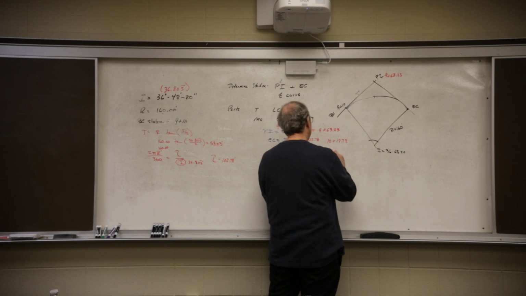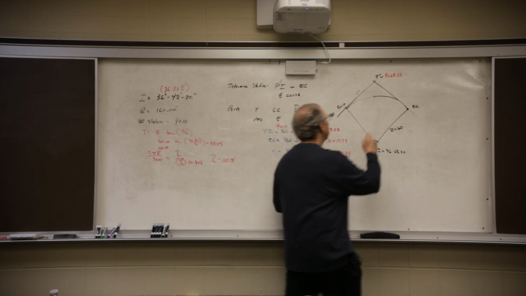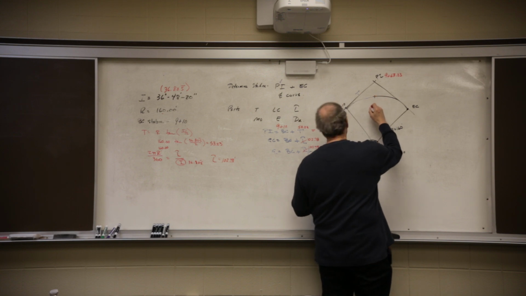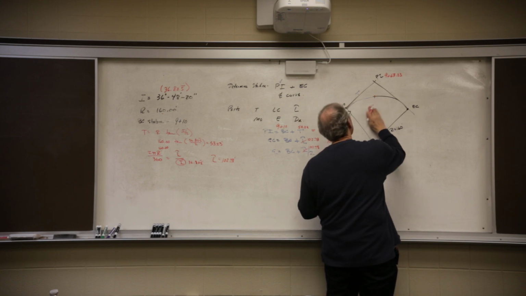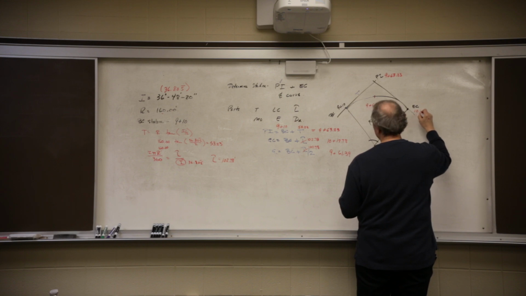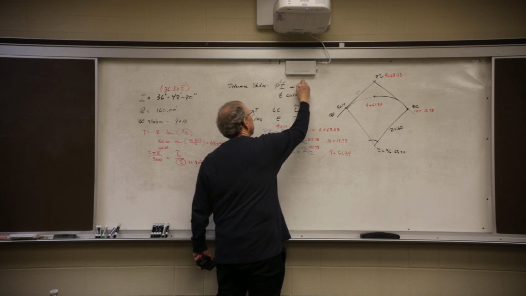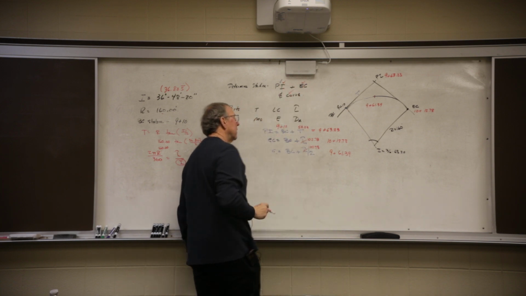Put the plus back in. So this station right here is 9 plus 61.39, and this station right here is 10 plus 12.78. So that takes care of this, this, and this.